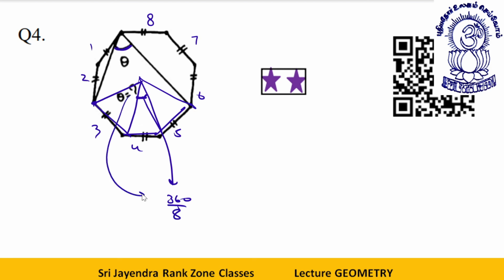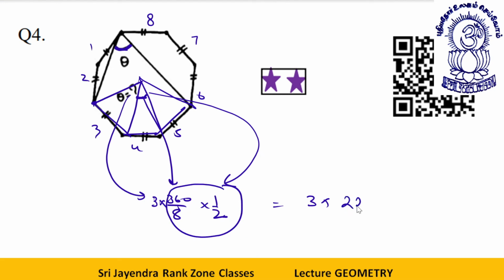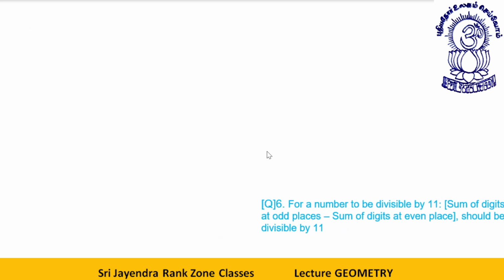There are a total of 3 such angles, so it will be 3 into 360 by 8. And since this angle will be half, that will be 3 into the 22.5 degree you have just calculated, which is 67.5 degrees, your answer. Okay, dear students, next one.